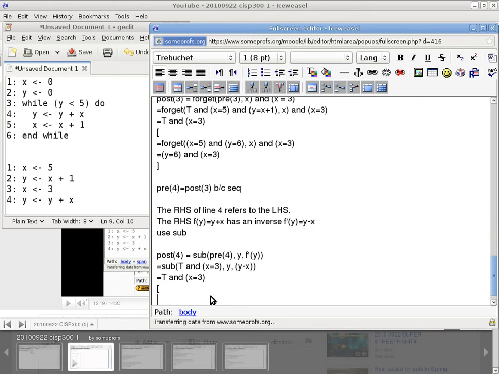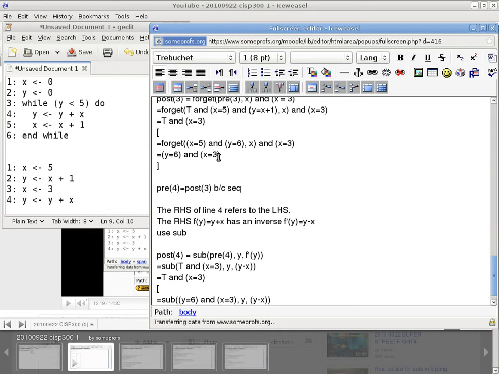Once again, the square brackets denote the alternative path of the derivation. In this case, we still have a substitution, but because post 3 or pre 4 is now in this form, I have to do the substitution based on y equals 6 and x equals 3, and we are substituting occurrences of y by y minus x.